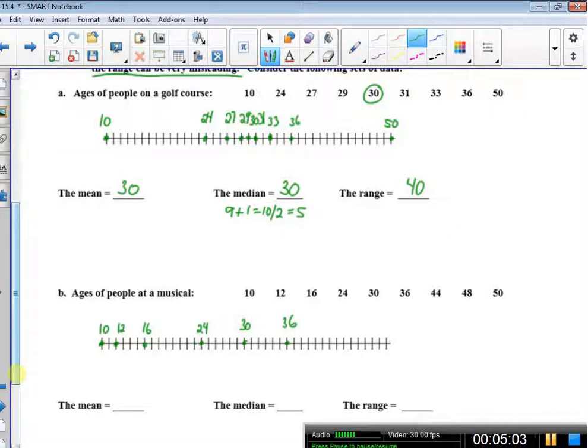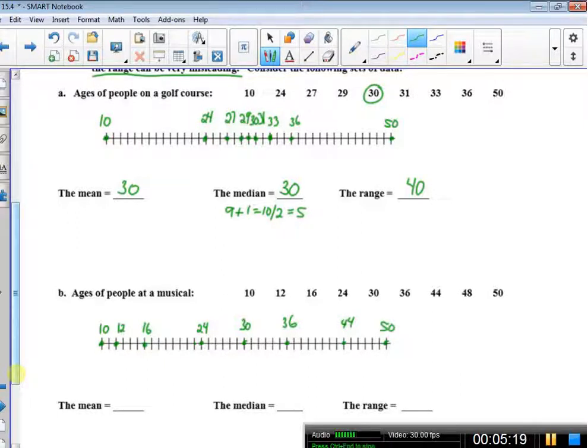It's much easier to gather some information. This is how you would do a box and whisker. I know I've done it correctly.